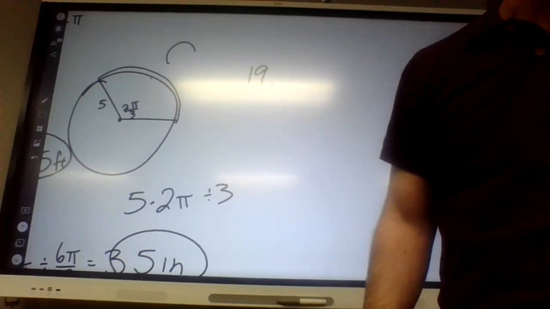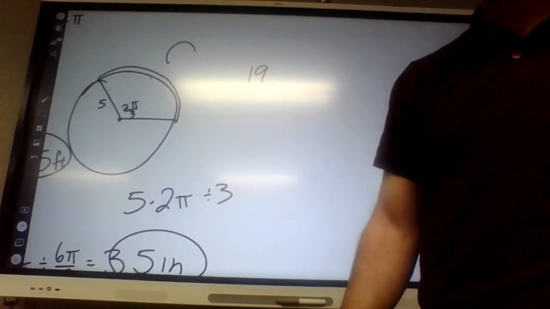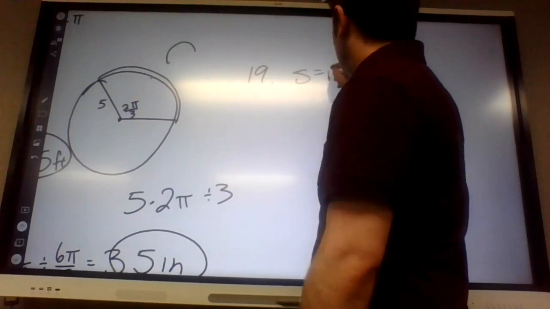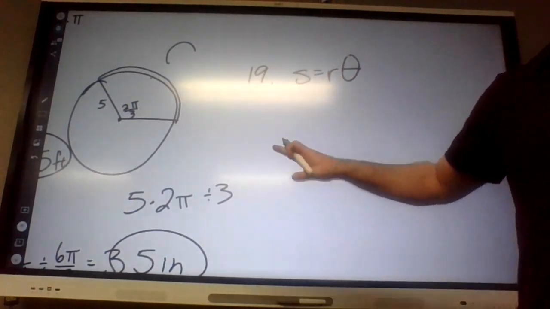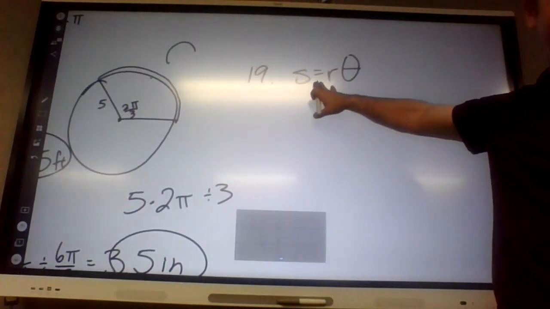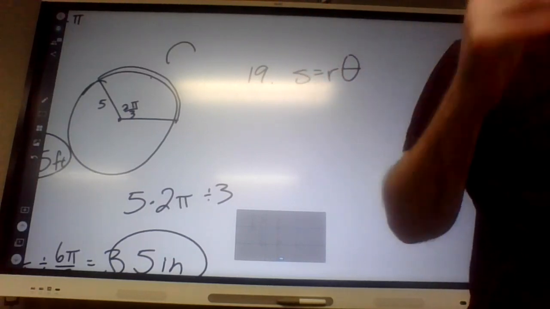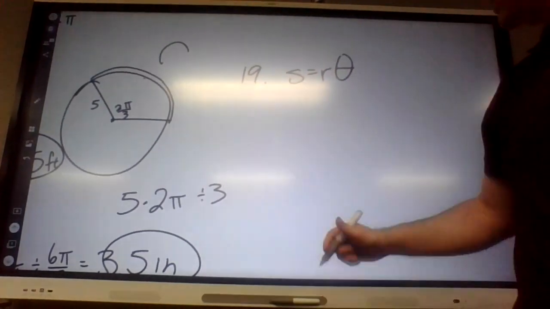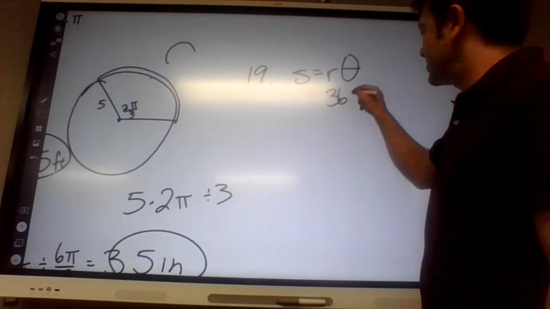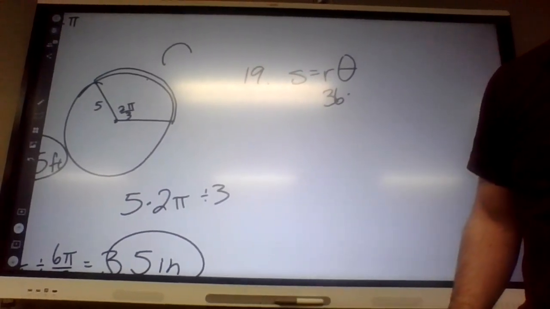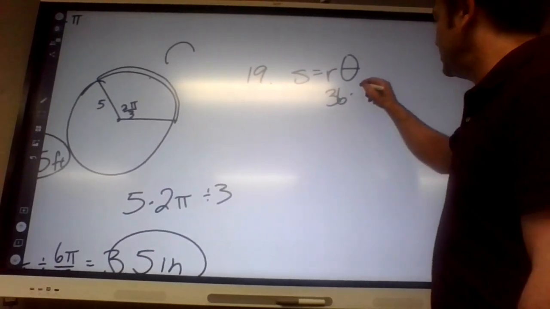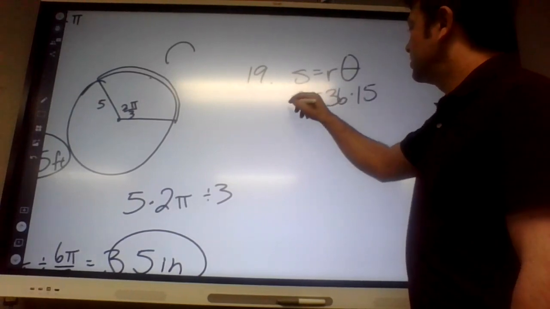Well, it's kind of like 17, it's just a different variable. So I have like an algebra problem. You just plug in, this is the formula we're using, it's in the directions, S equals radius times theta. You just plug in the numbers that they give you in the spots that they go. So on 19, 36 is the R, theta is 15. Oh, this makes all my sense.